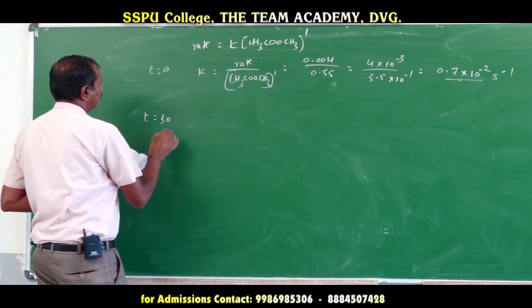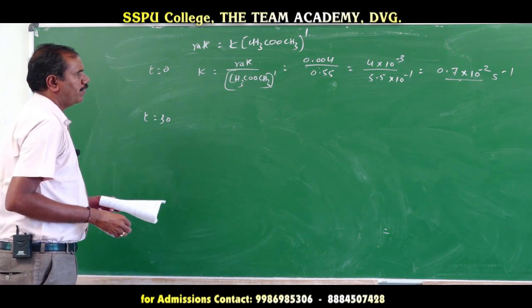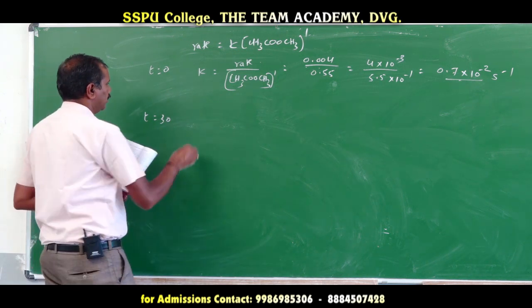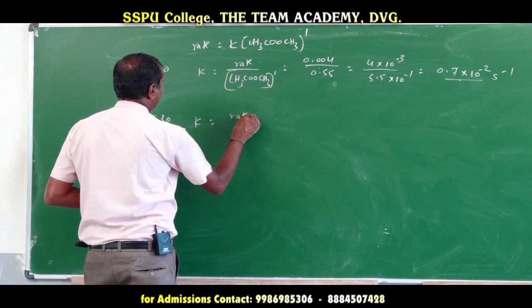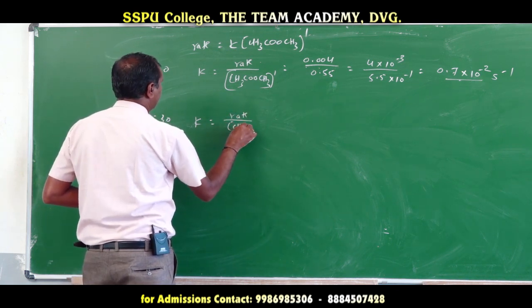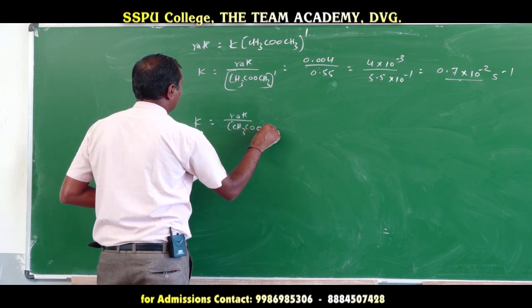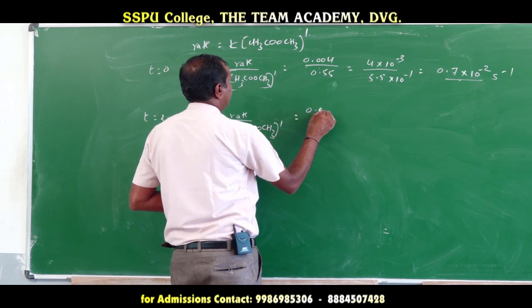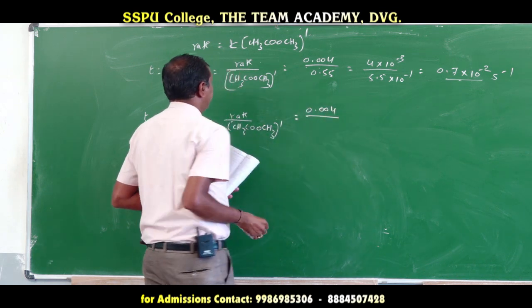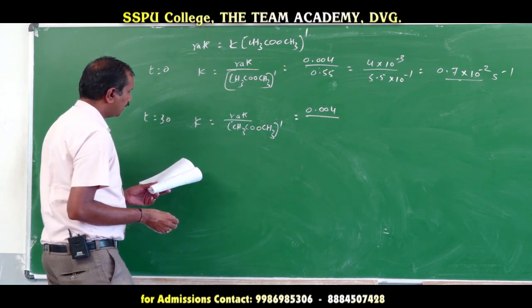30th minute. So finally we can capture the rate constant, where K equals rate divided by the same thing, CH3COOCH3 to the power 1. 0.004 by, when T is 30, the concentration is 0.31.